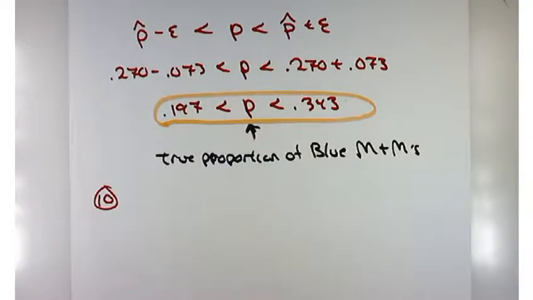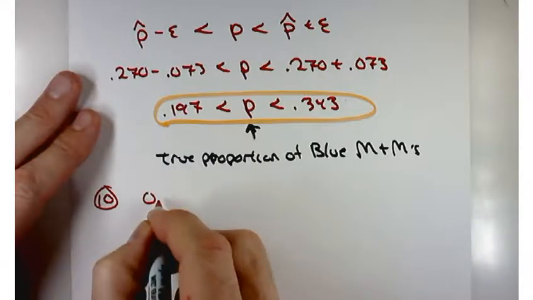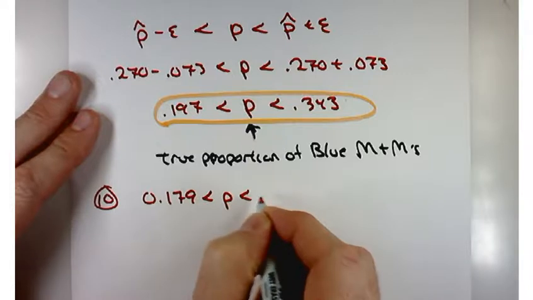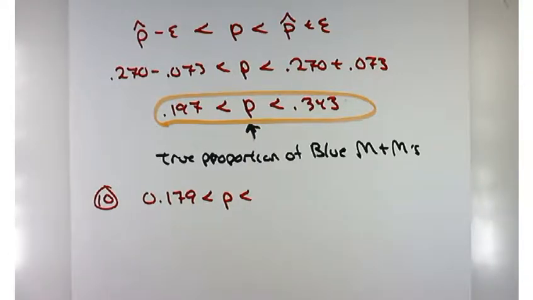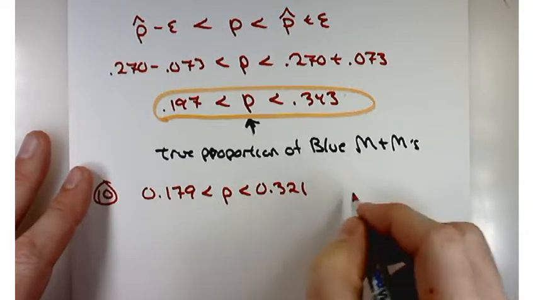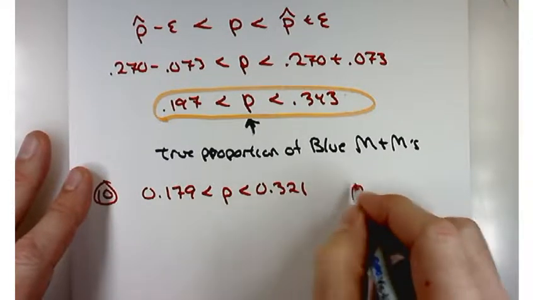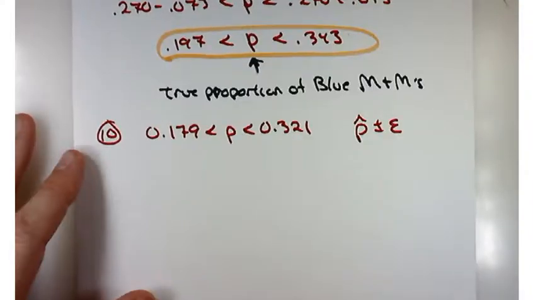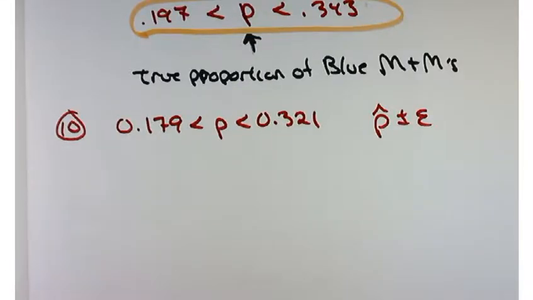This time we're dealing with a percentage of M&Ms that are orange. And that confidence interval for problem number 10 is 0.179 is less than p is less than 0.321. And I want to write it in the form of p hat plus or minus e. So let's see if we can't determine those things for this one.